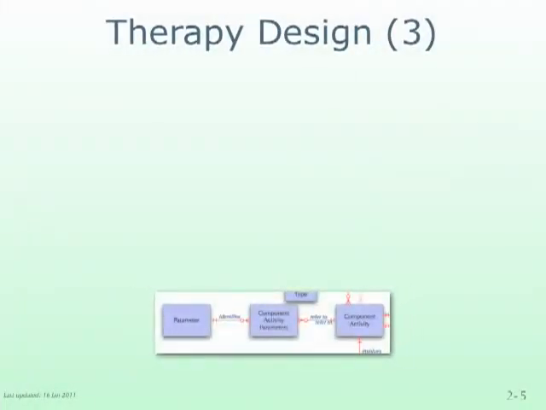The next group includes the parameter and component activity parameter data objects, which represent 2 of the 3 ways that a therapy program designer can customize or modify the way a therapy program operates.